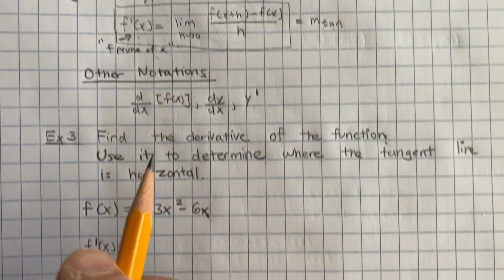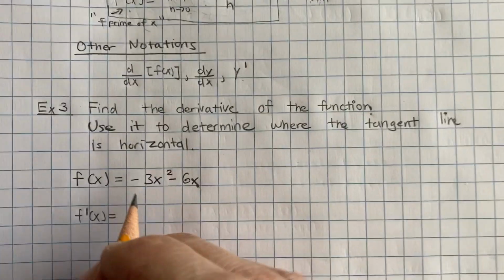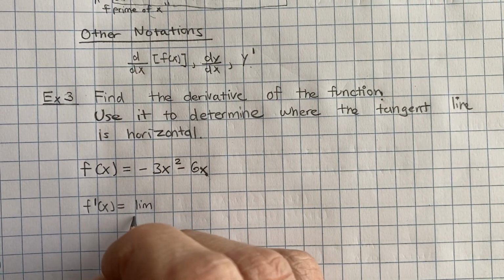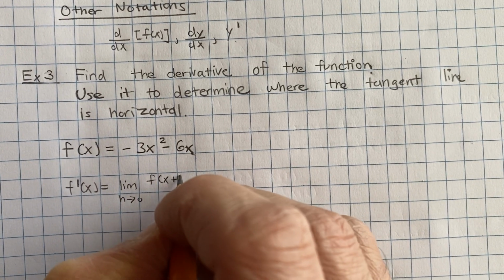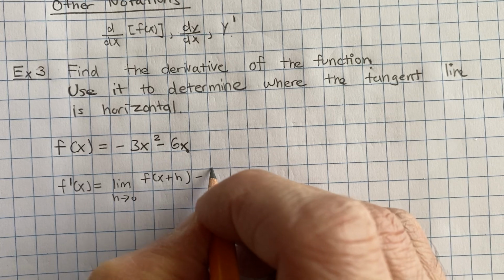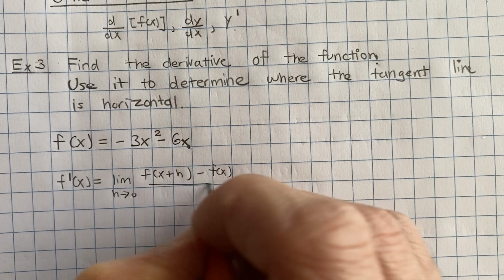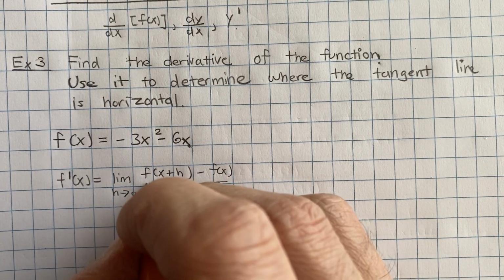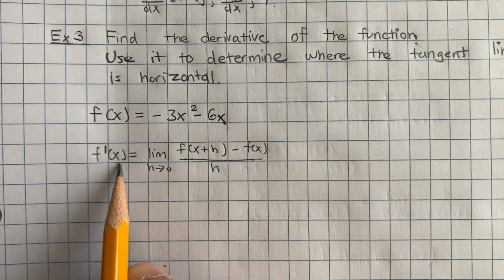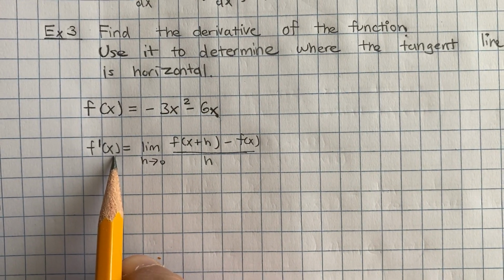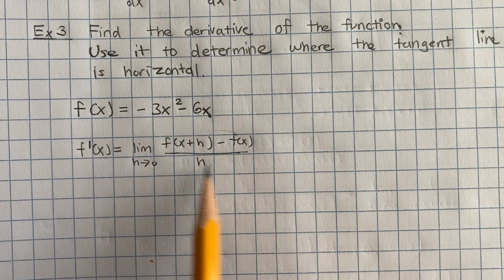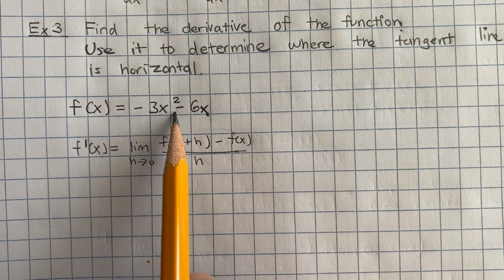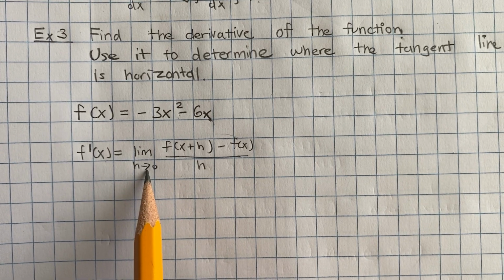I'm going to use this limit definition of the derivative: the limit as h goes to 0 of f of x plus h minus f of x, all over h. The first derivative is basically the slope of the tangent line. So I'm going to evaluate this difference quotient using this function, and then I'm going to plug in h is 0 at the end.